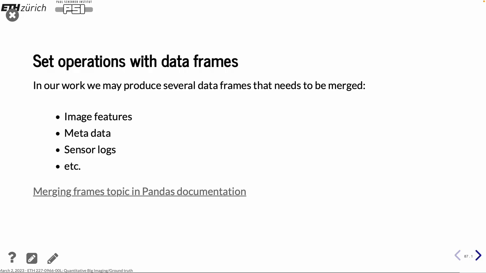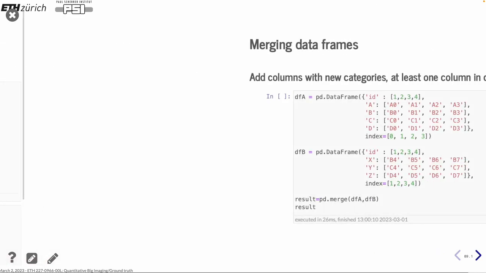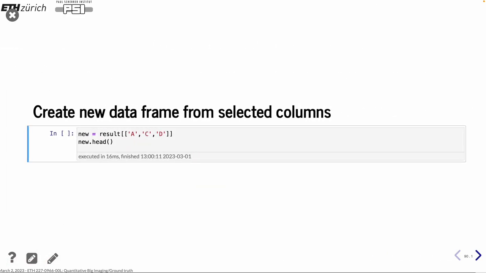And I think I'll skip this one. It gets quite messy and complicated, but you can have it if you would need to do set operations, combine different data frames. This part would be showing how to do that, but I think I skip it today.